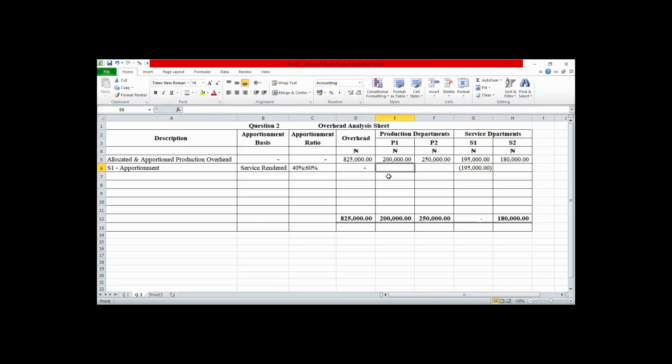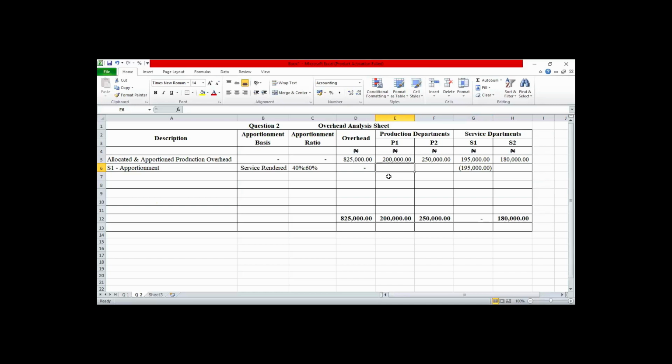But what if they gave us a ratio for S1? They can't give you a ratio for S1. They will give you for S2. The reason they cannot give you for S1 is that it is S1 you are sharing.